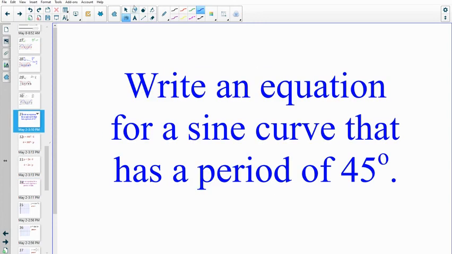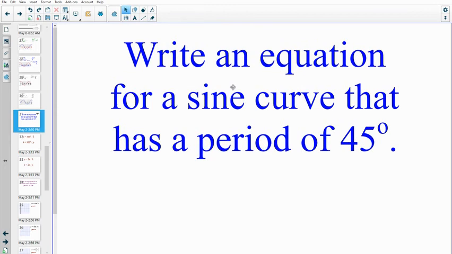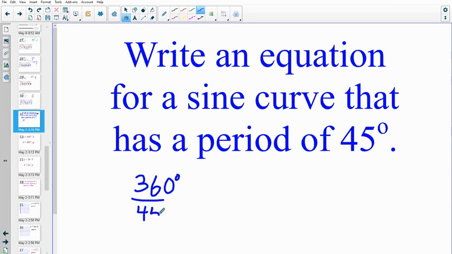So if I want a period of 45 degrees, well, I'll just take 360 degrees divided by 45 degrees, and 360 divided by 45 degrees is 8.